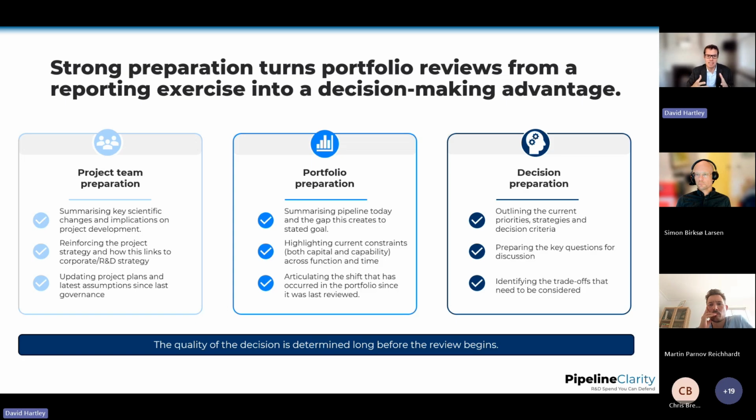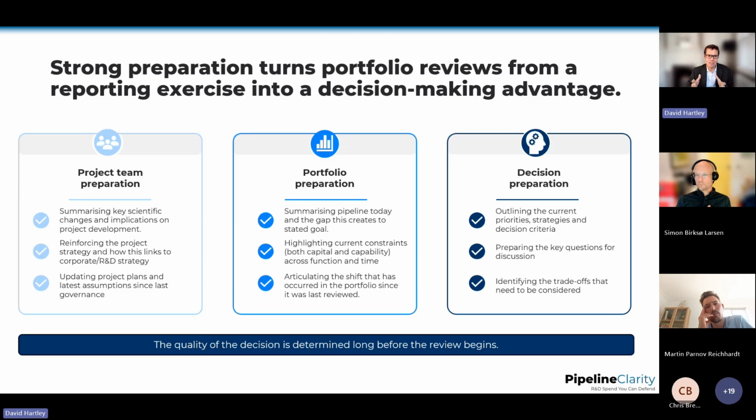It involves highlighting the current constraints, both capital and capability, that exist in the organization, and making sure that's done across function and time, so that you've got a granular understanding of where the bottlenecks in the organization might be. And it's also the role of that portfolio preparation to clearly articulate the shift that's occurred in the portfolio since it was last reviewed.